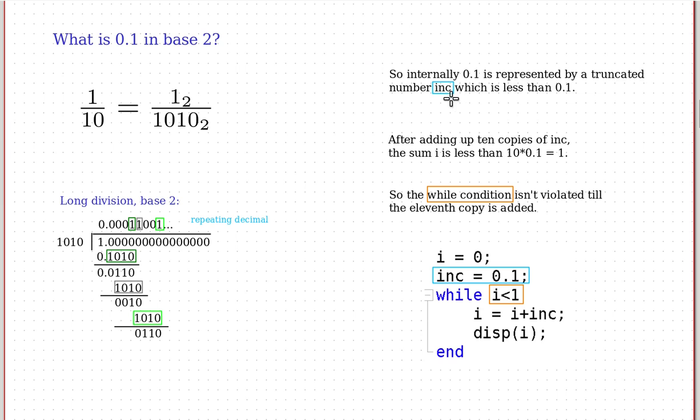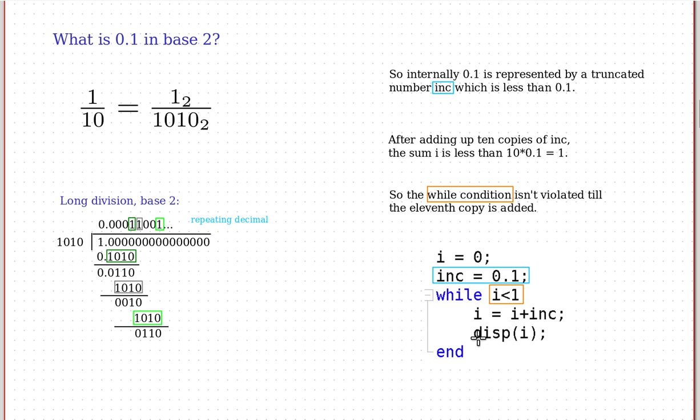And therefore, the truncated value that's stored in the computer is actually slightly less than 0.1, right? And that means after you sum up 10 copies of that increment, you don't quite get 10 times 0.1, which would be 1. You actually get something that's slightly less than 1. And that means that the while condition in the loop, this condition here, is actually still satisfied the 10th time through the loop.